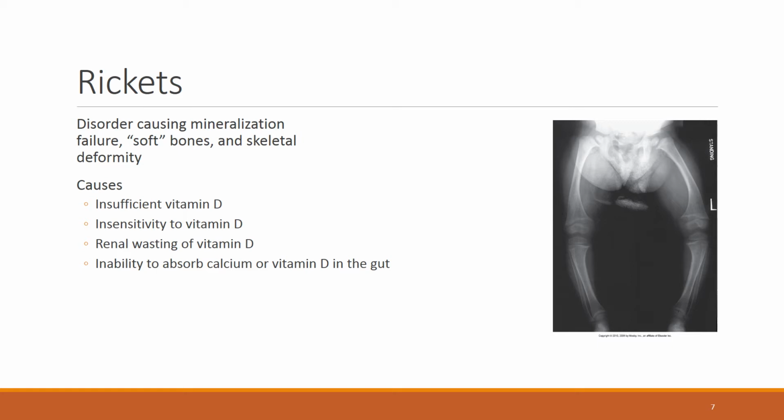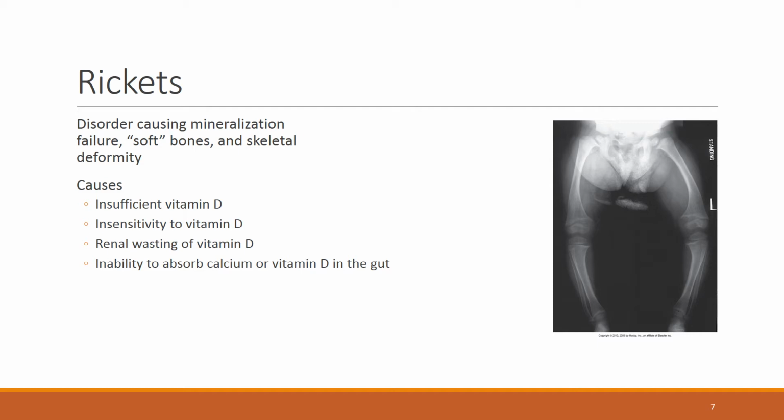Rickets is one of the bone demineralization disorders, and what happens is insufficiency of vitamin D or insensitivity to vitamin D. Another cause can be renal wasting of vitamin D, or malabsorption of vitamin D, which results in demineralization of the bones, or presence of soft bones, and skeletal deformity.